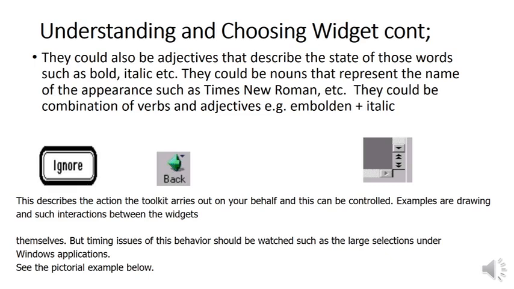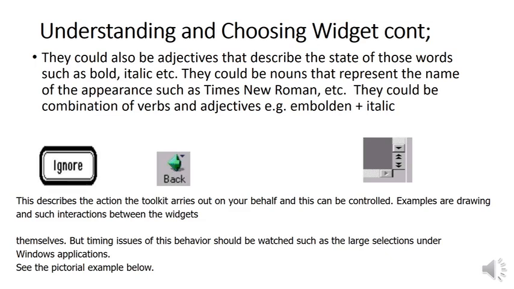This describes the action the toolkit arises out of, and your behavior at this can be controlled. Examples are drawing and such interaction between the widgets themselves. But timing issues of this behavior should be watched, such as large selection under window applications.